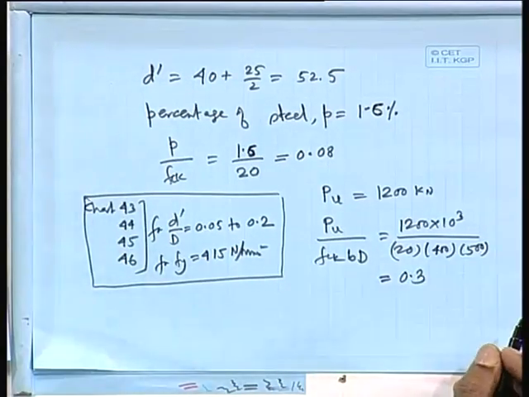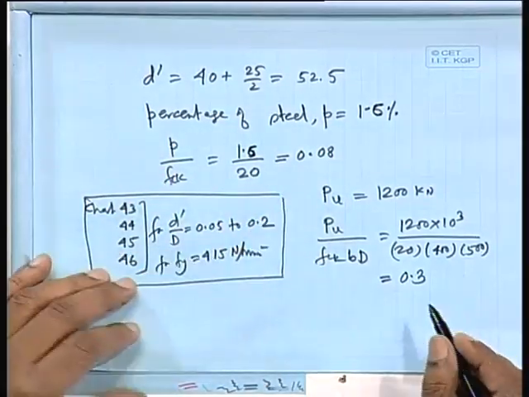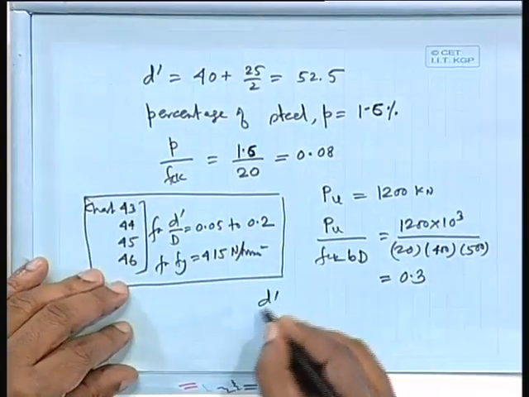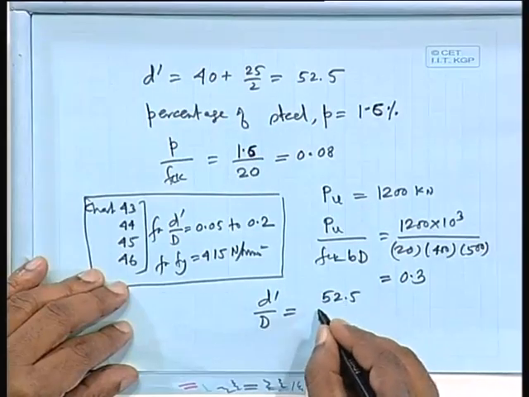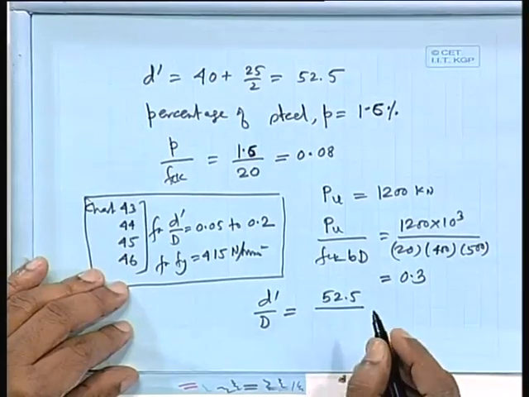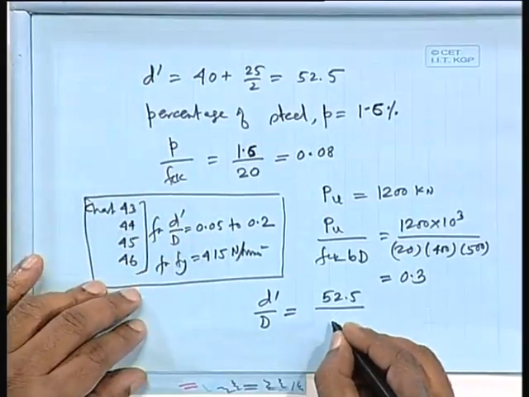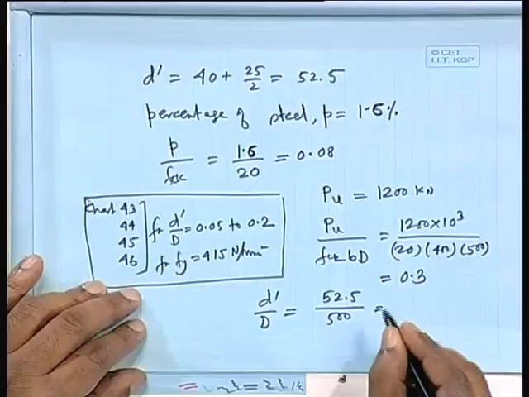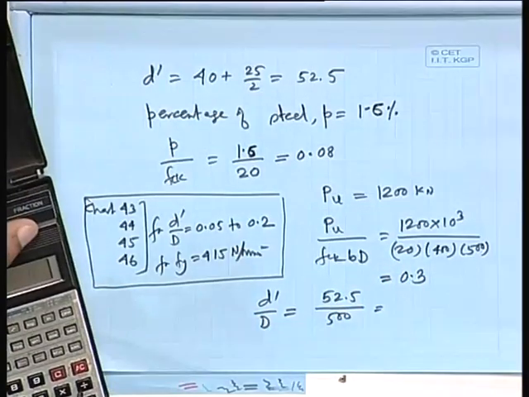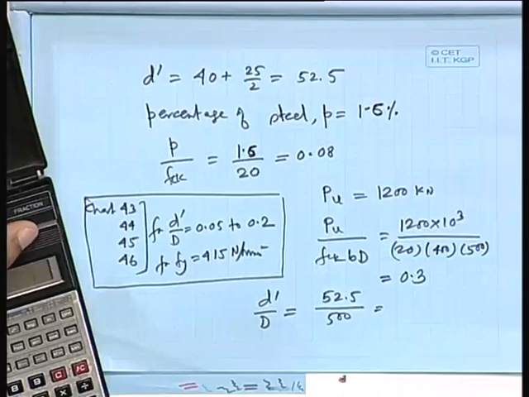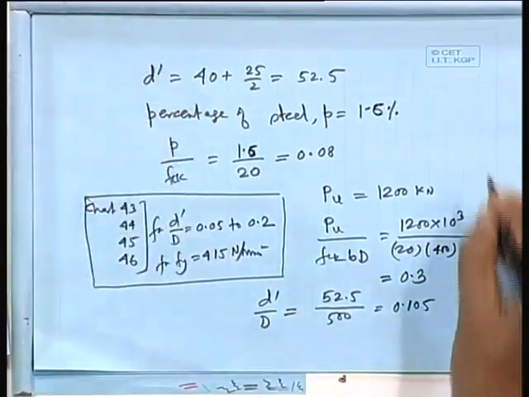So Pu by fck bD is 0.3 and p by fck is 0.08. d dash by D is 52.5 divided by 500. There will be two cases, d dash by b also. So 52.5 by 500, 0.105.